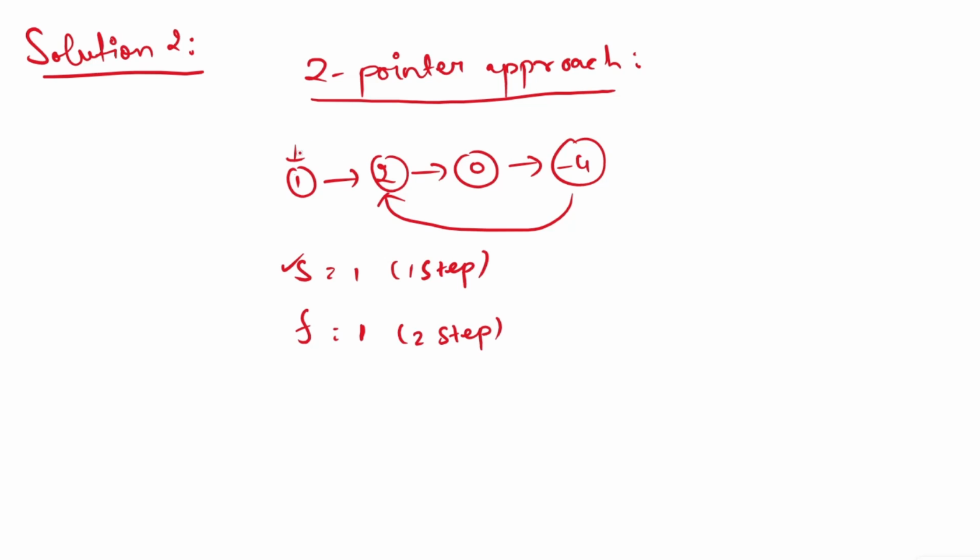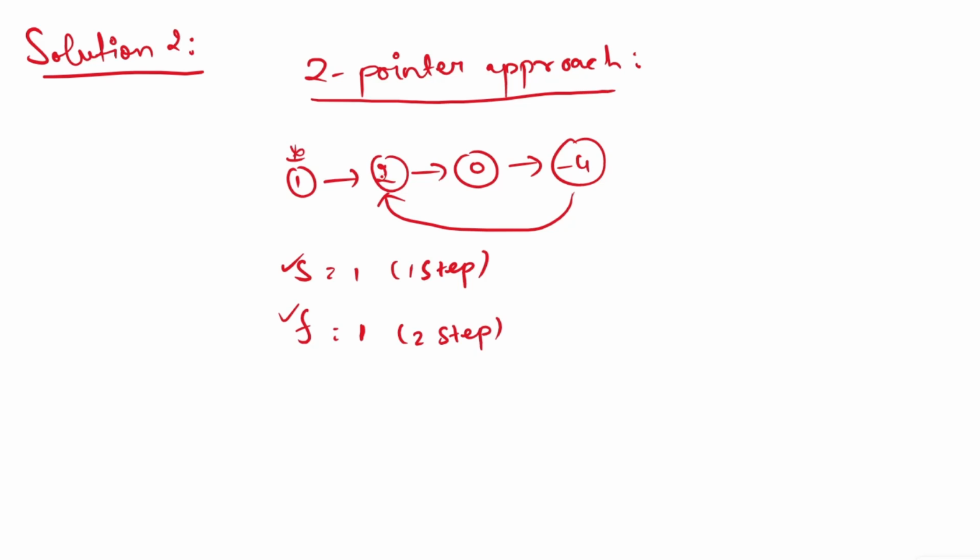Our slow pointer will move like this, and if at any point slow equals fast, that means there is a cycle. Let me do a dry run here. First, slow is at 1 and fast is at 1.